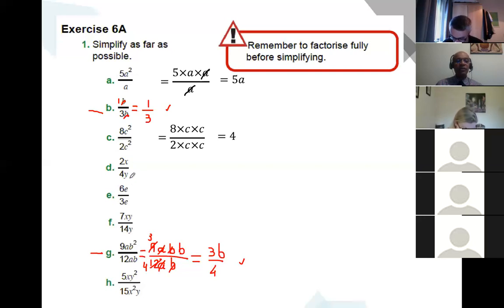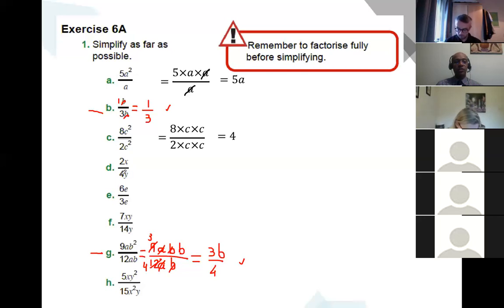So 2x divided by 4y. The common mistake people make is seeing 2 divided by 4 and saying it's 2. I see that happening over and over. Whenever you've got a smaller number as the numerator than the denominator, it can't be bigger than 1. It's got to be less than 1. So the only way it's going to be less than 1 is if it's 1 divided by 2, or a half.